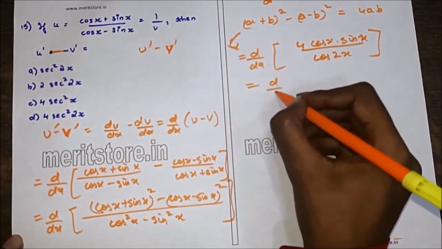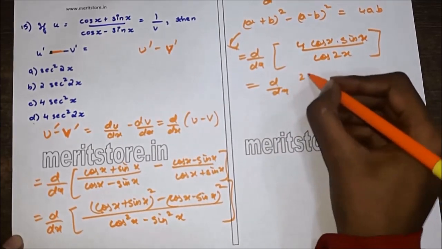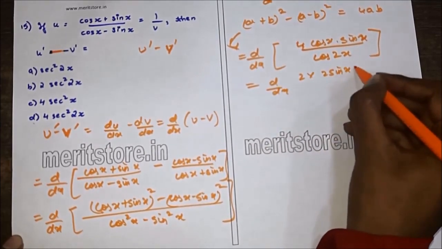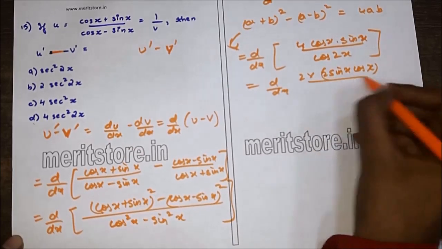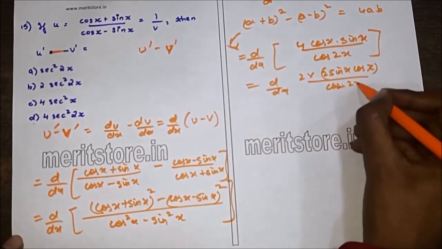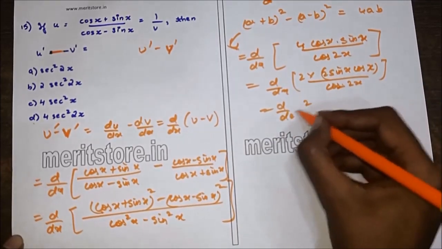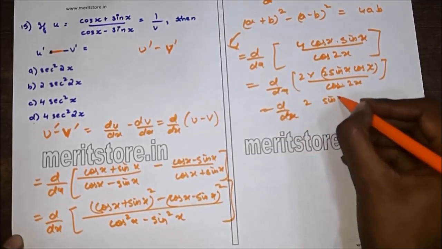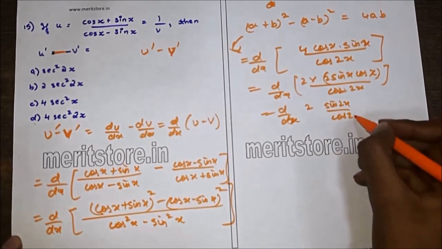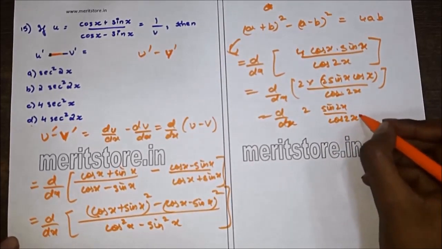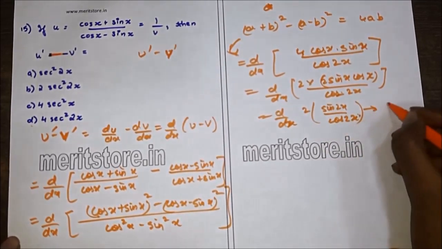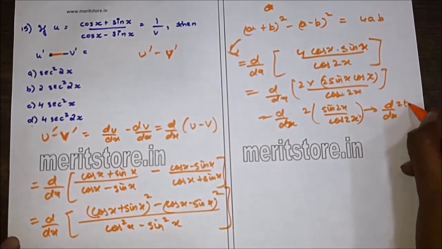So d by dx of, we split this term, so 2 into 2 sin x cos x upon cos 2x, which is d by dx of, this is sin 2x, so this is 2 times sin 2x by cos 2x, which gives d by dx of 2 tan 2x.